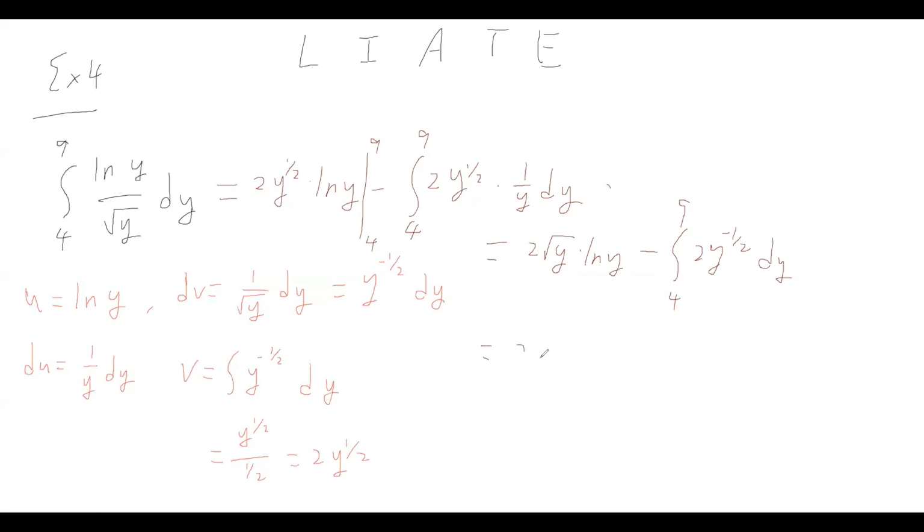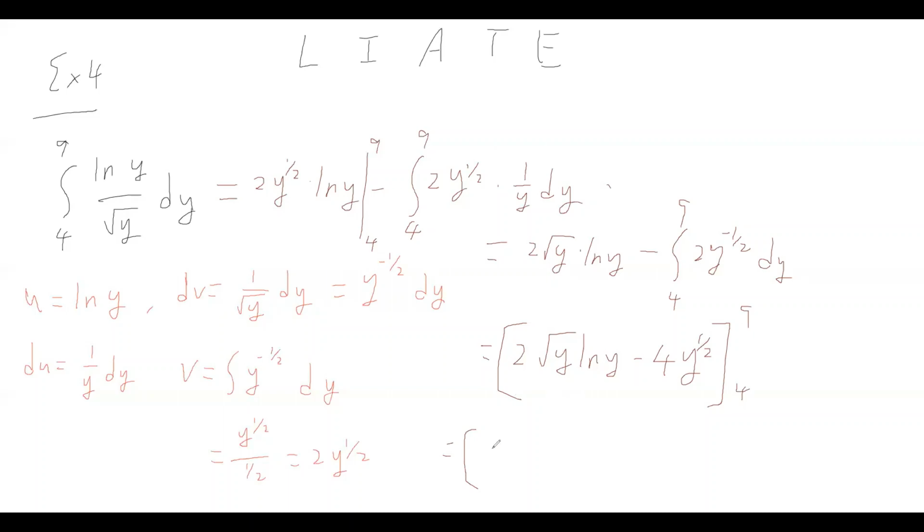So keep going. 2 radical y ln y minus, that's going to be 4 y to the 1/2, right? Evaluating this, that's going to have an extra 2 here, right? So that's 4 times y to the power of 1/2, and evaluate this from 4 to 9 and see what we have.